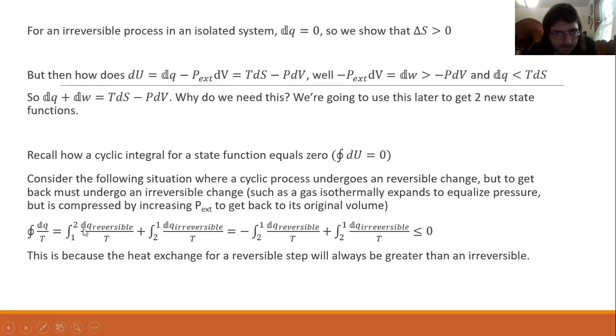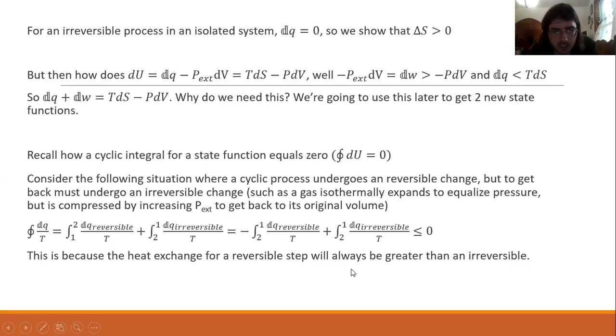Essentially, by going from 1 to 2 and back from 2 to 1, we flip the sign to make that less than 0, saying that since Q reversible is always greater than Q irreversible, by making that negative, this number, always being bigger than this number, will always be less than or equal to 0.